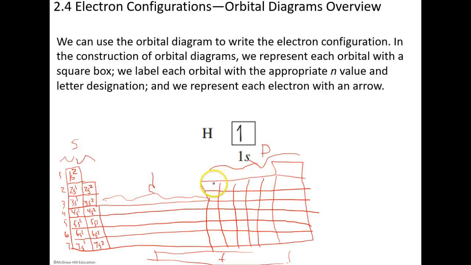This is my P block. So everything in this row is going to end in what? P1. This is going to be a 2p1. This is a 3p1. This is a 4p1, 5p1, 6p1, 7p1. These are all the p2s: 2p2, 3p2, 4p2, and so forth. Then the p3s, p4s, p5s, p6s. Okay?